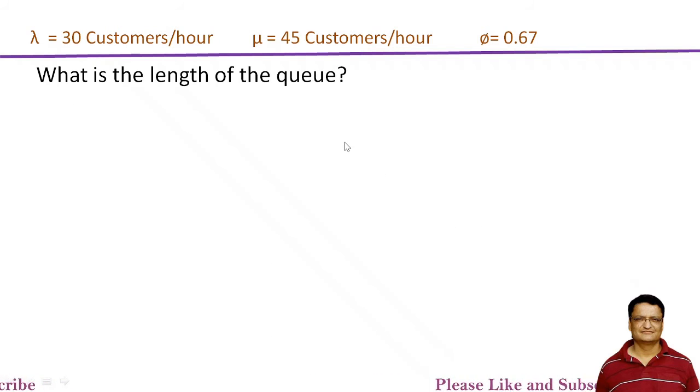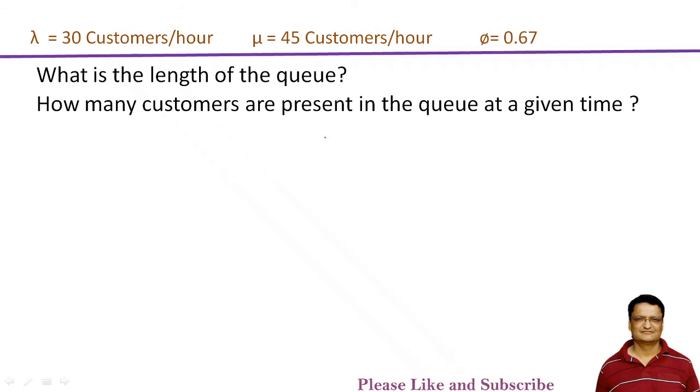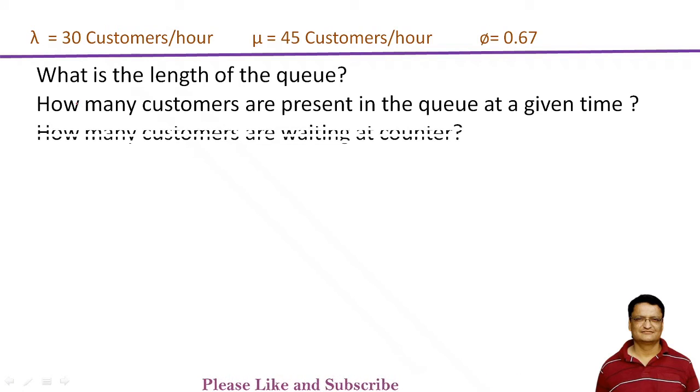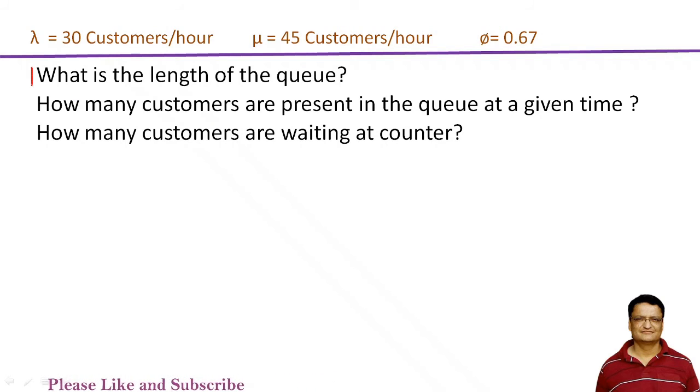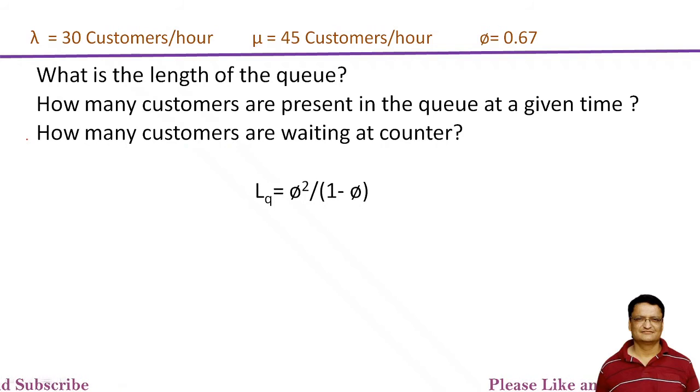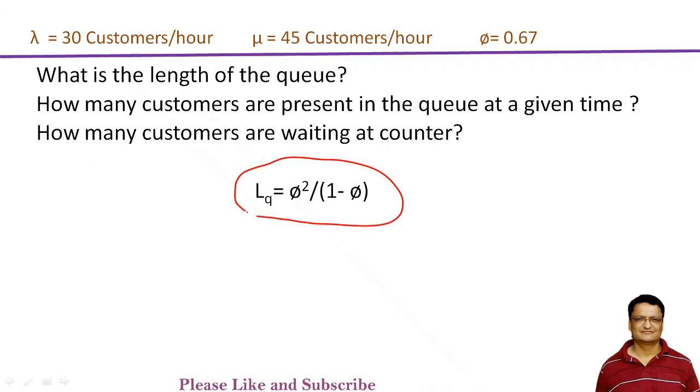What is the length of queue? How many customers are present in the queue at a given time, and how many customers are waiting in a queue? All these 3 questions represent the same thing, that is how many customers are waiting to get the service, and you can calculate this value with the help of this formula.